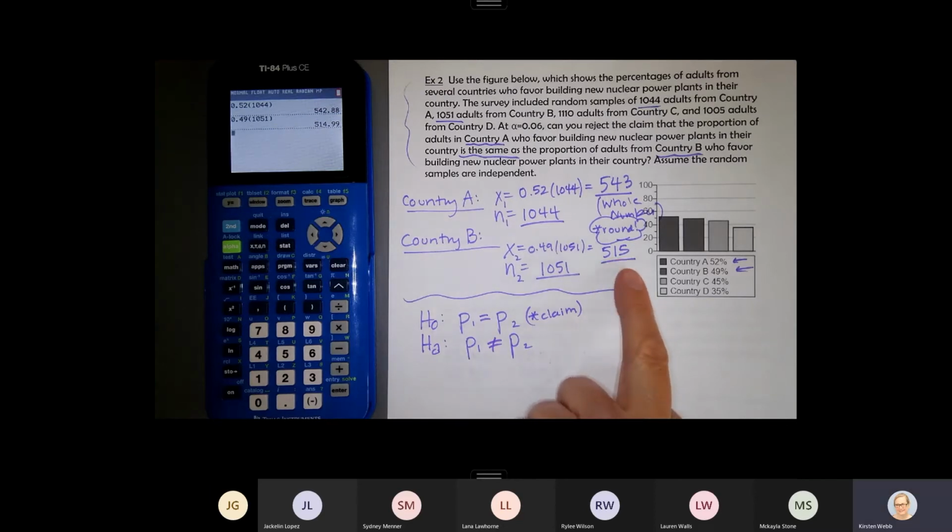So all of the given information and setup is on the screen now. You might want to check in and see if we're getting the same things.